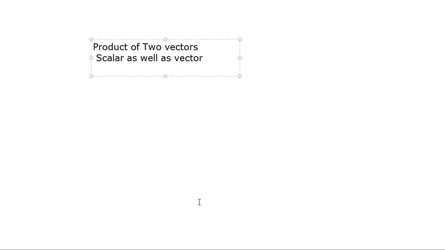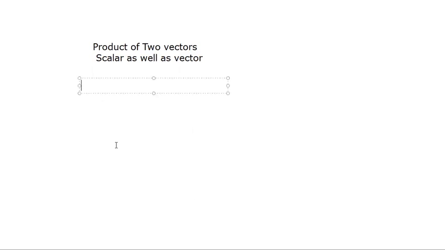First, the scalar product of two vectors is defined as a scalar quantity equal to the product of the magnitudes of the two vectors and the cosine of the angle between them. What did I tell you?